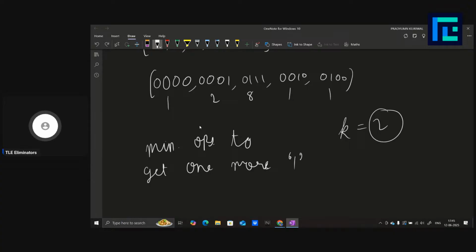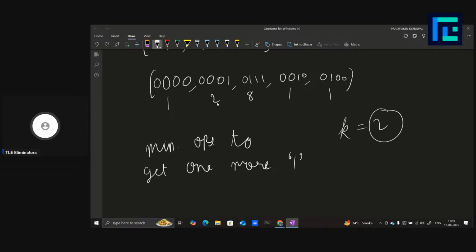So if you perform 8 operations here, it will increment the number of ones by 1. And if you perform just 2 operations on this number, then also it will increase it by 1. So what will you do? Of course, you will just take the minimum one.